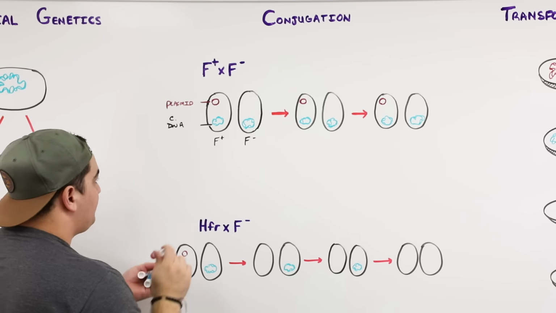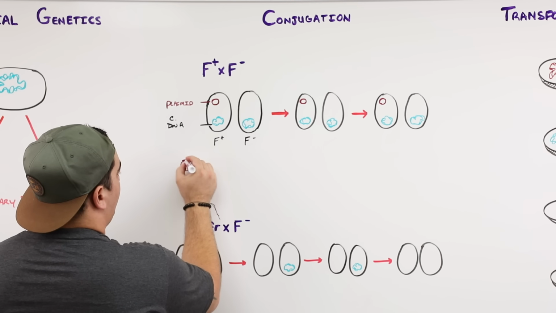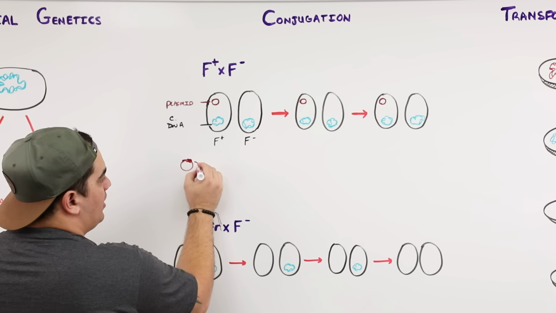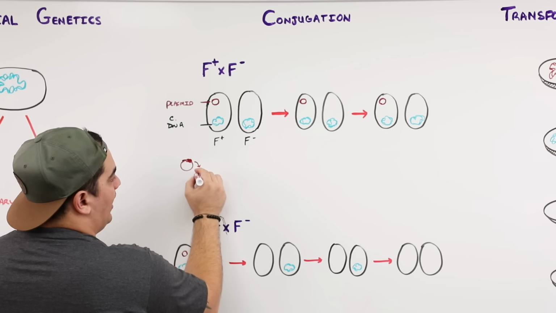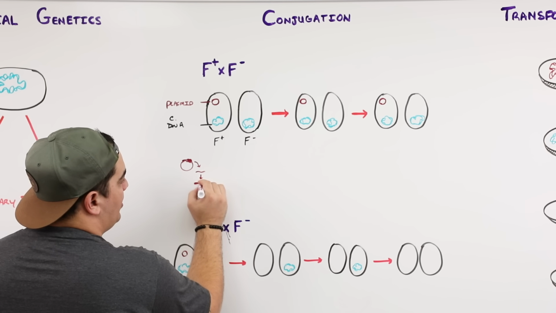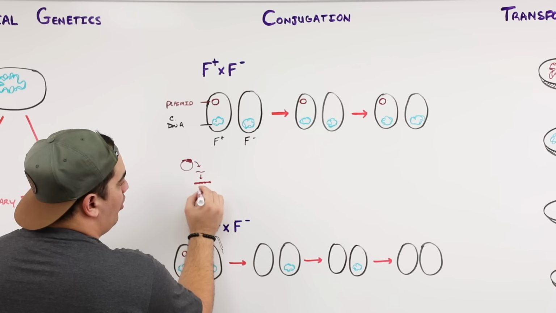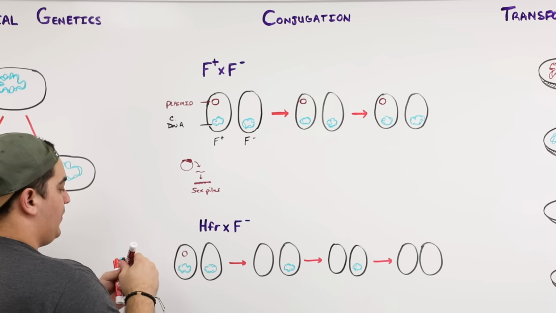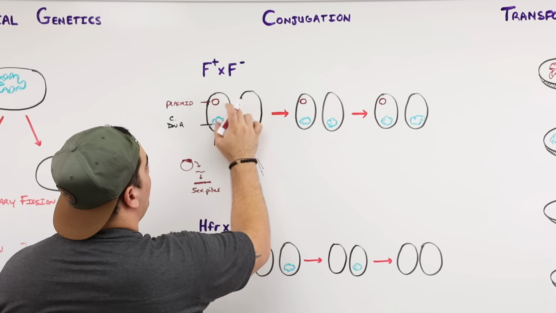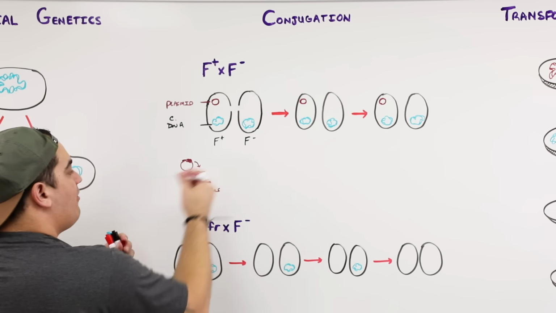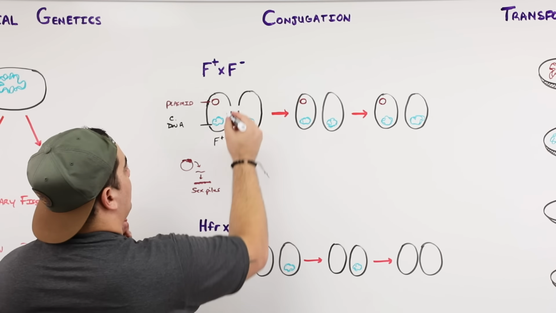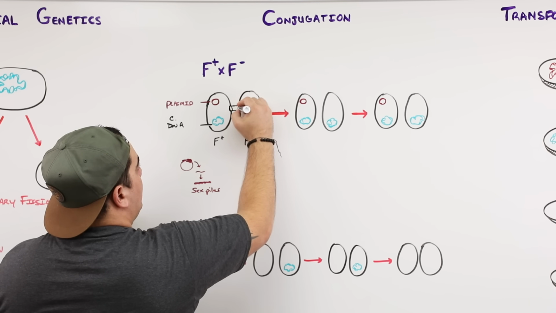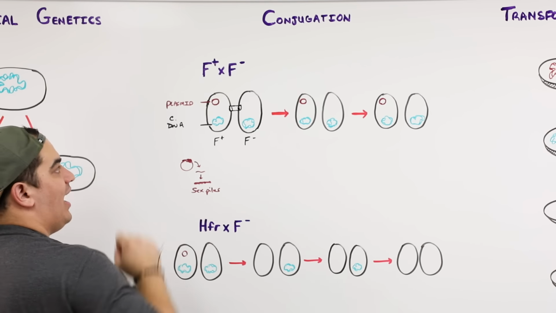So here's the plasmid, and on that plasmid there's a particular gene sequence, right here. When that gene sequence gets transcribed and translated, it makes a particular protein tube, and that protein tube is called a sex pilus. Now let's show a little tube connecting the F positive cell and the F minus cell.